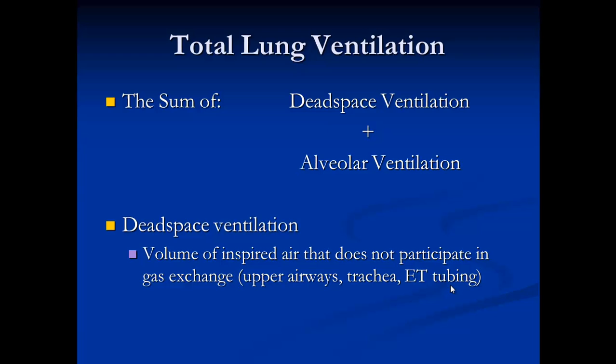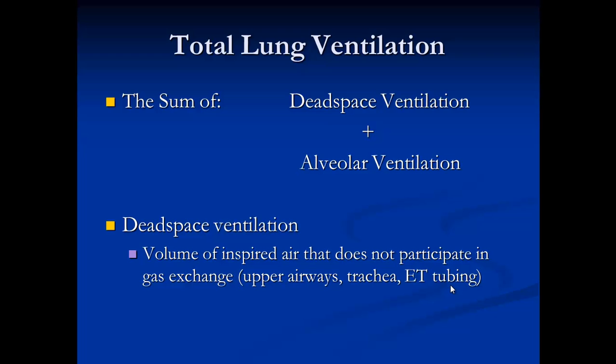You have, for example, an ET tube connected from the mouth to the trachea and into the bronchoalveolar space and into the alveoli. Your upper airway, meaning normally you breathe through the nose, so that nose and sinuses do not participate in ventilation for this patient.